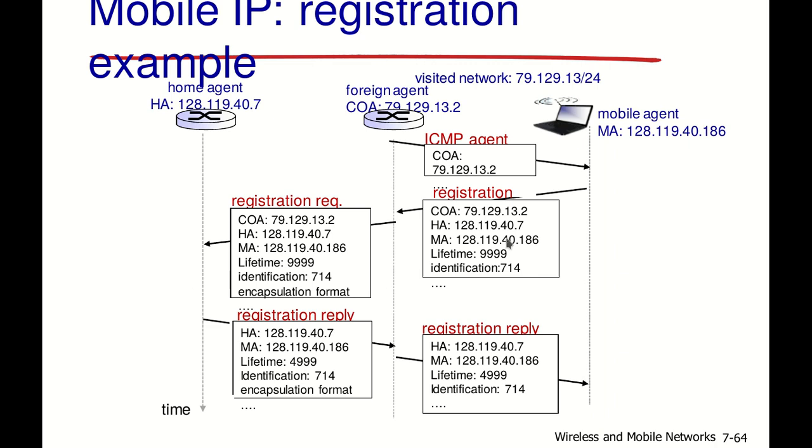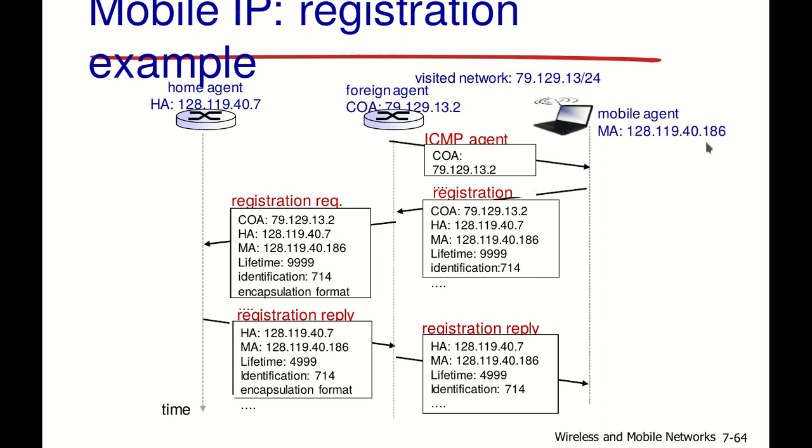Okay, so this is the complete flow of registration, starting from agent discovery or agent advertisements. First of all, let's say the mobile agent is arriving at the visited network. The foreign agent will send a broadcast message, the agent advertisement, and it contains the care of address, or the IP address of this foreign agent.